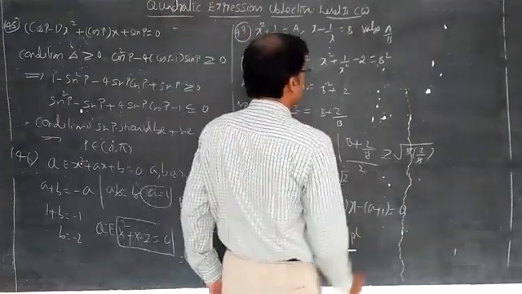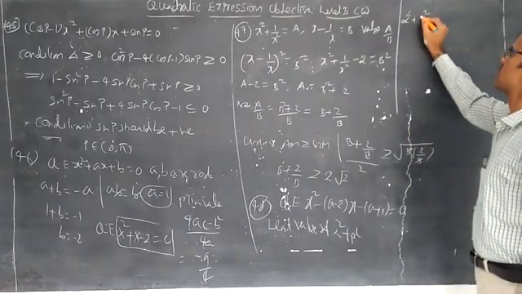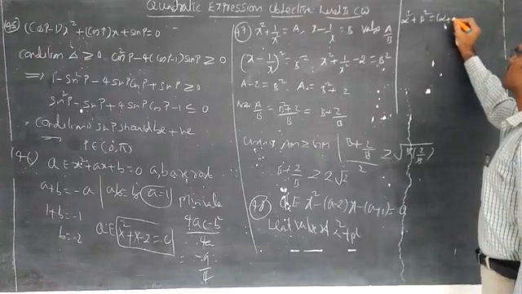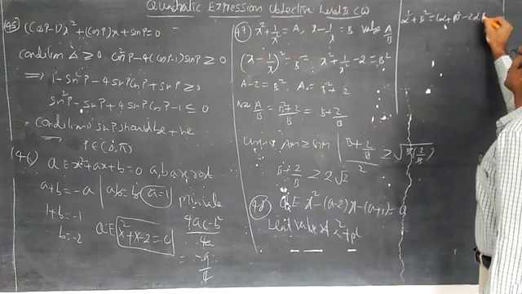First of all, alpha square plus beta square is equal to alpha plus beta whole square minus 2 alpha beta.